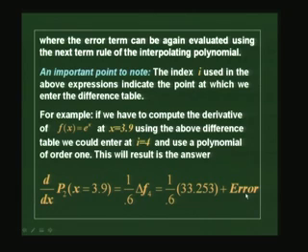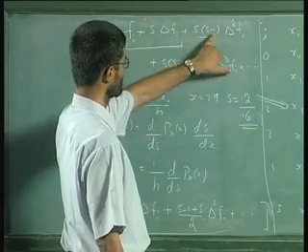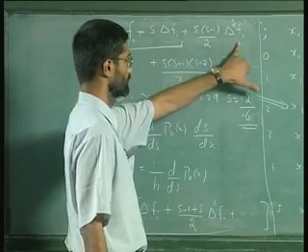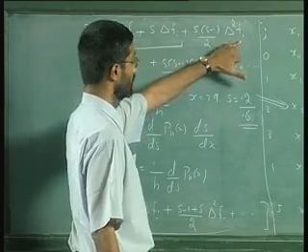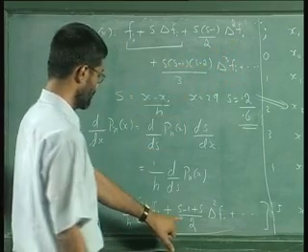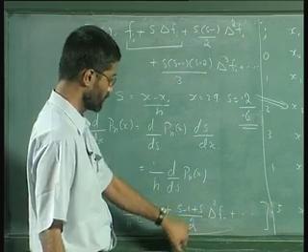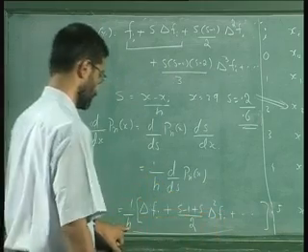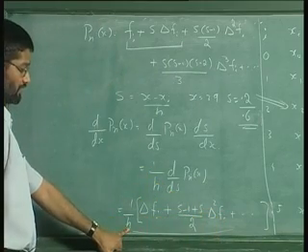The next term in the polynomial, as I said, would be s into s minus 1 by 2 into del 2f4 in this case. The derivative of that would be 2s minus 1 by 2 into del 2f5 into 1 over h. That's the error.